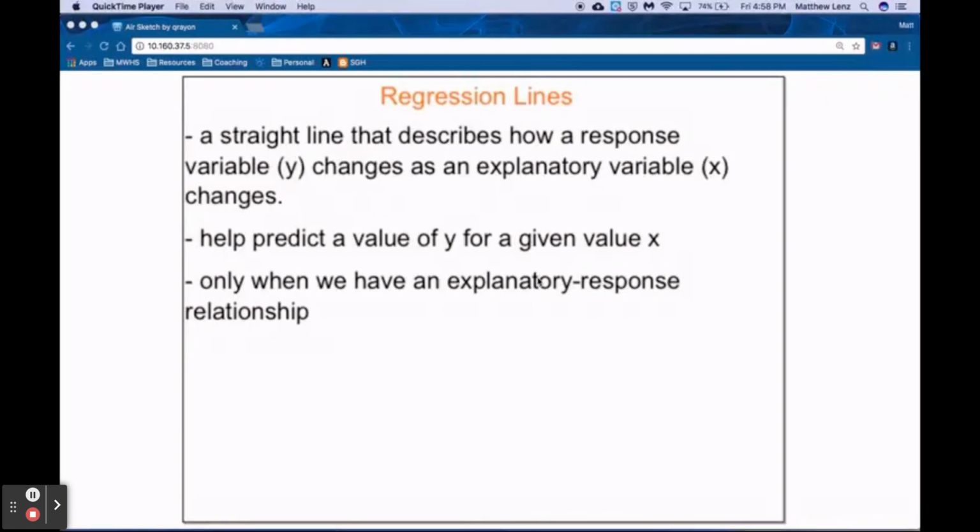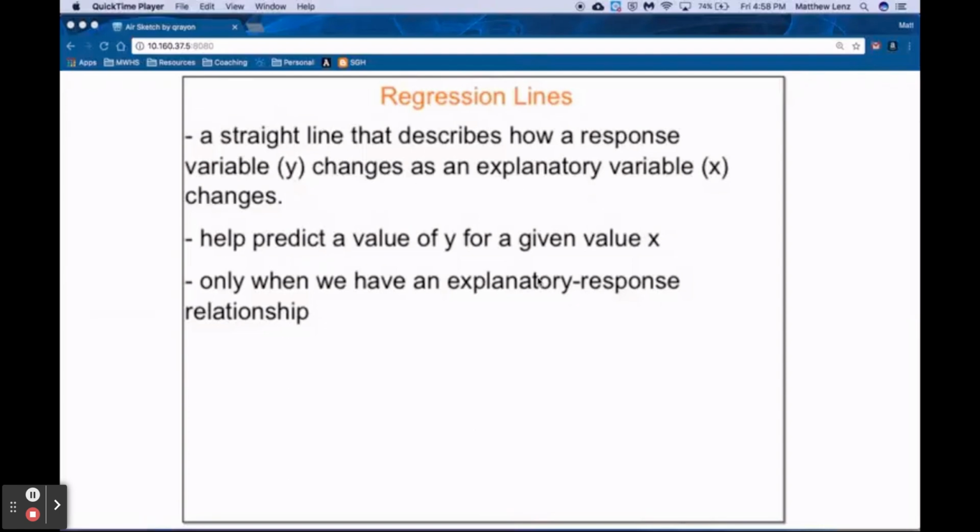Last thing I want to do today is go into one more detail about the regression lines. Your regression line is just that straight line that up to this point I have sketched and eyeballed on each graph. Like we talked about before, your calculator can actually give you a regression equation, and it allows you to graph that.